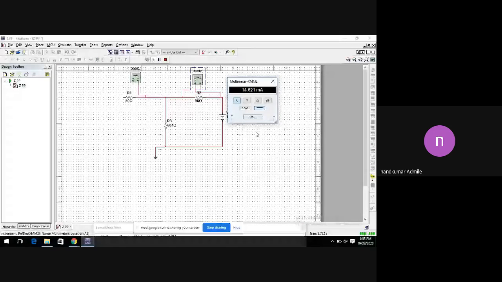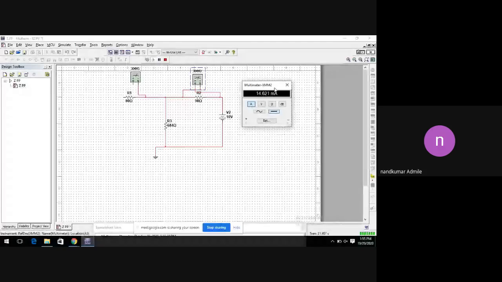Okay, so the parameters are also changed.